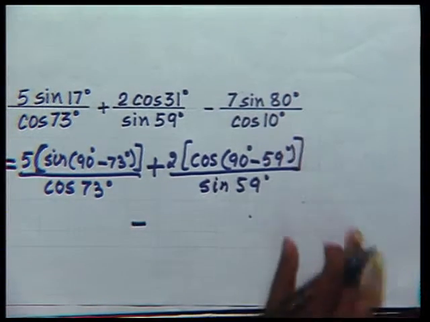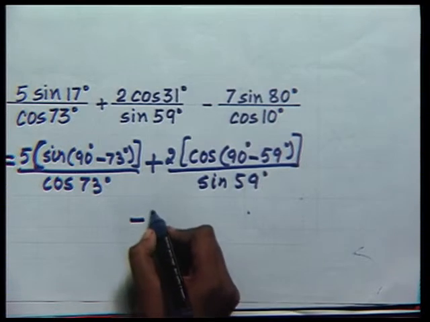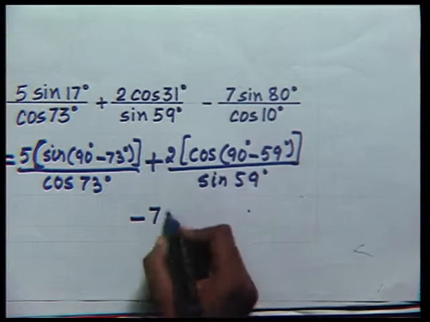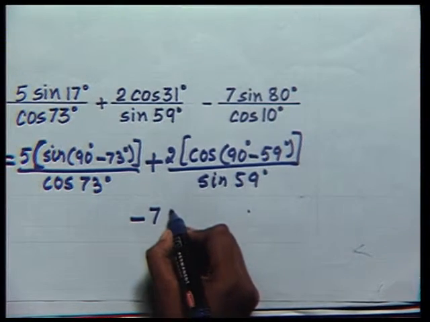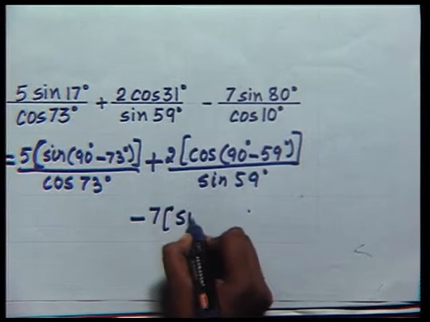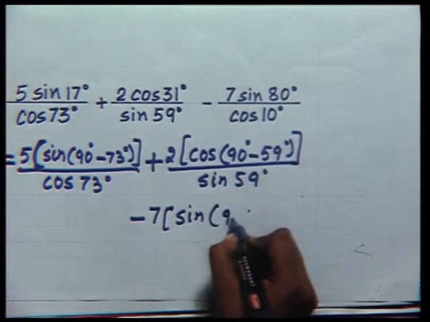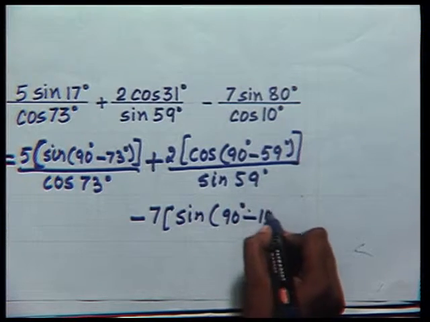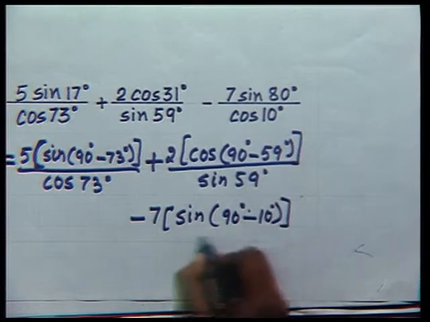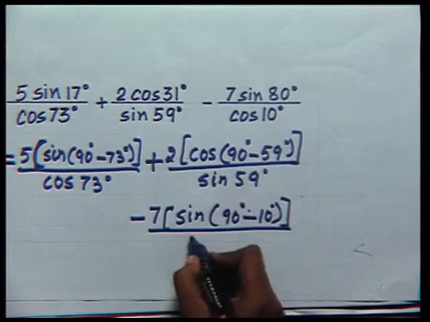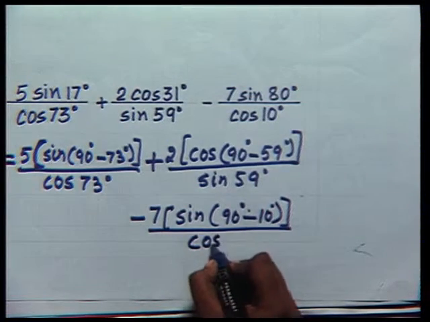Minus the last term here, that is 7 times sin 80 degree can be written as sin 90 degree minus 10 degree upon the denominator, that is cos 10 degree.